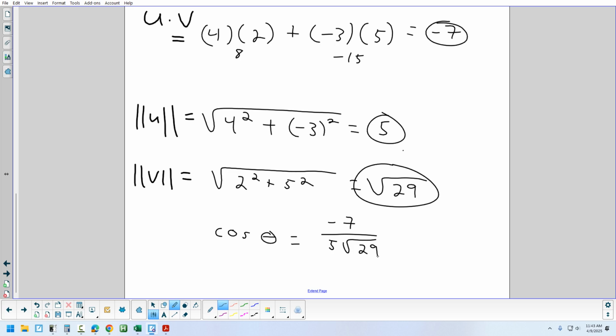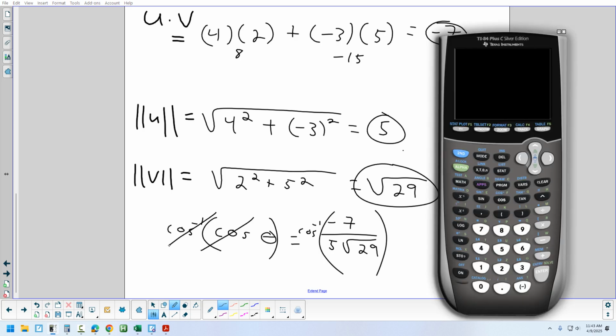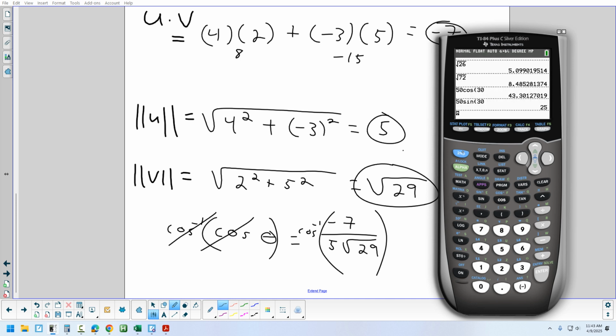So how are we going to get just our angle? Take the inverse cosine of both sides. Just like you would in law of cosines. And remember, we're looking for an angle between probably 90 and 100, somewhere around there. Okay, so we get inverse cosine of -7 divided by, I would put this in parentheses.